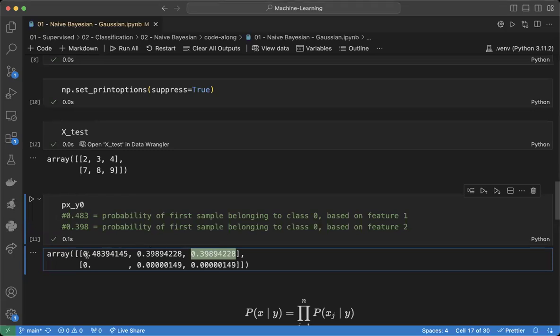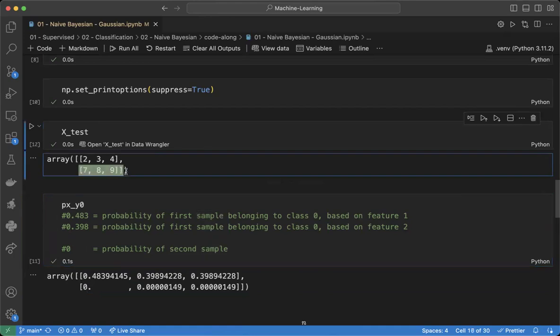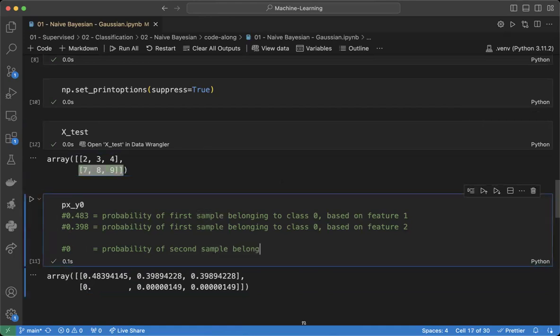Now, what is this 0? This is the probability of the second sample, right here, 7, 8, 9, belonging to class 0 based on feature 1.